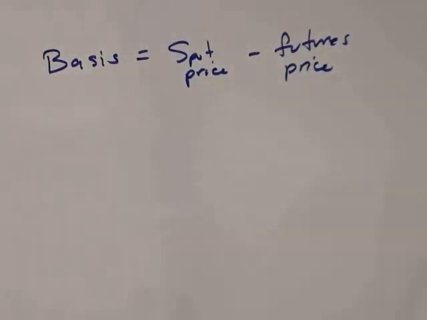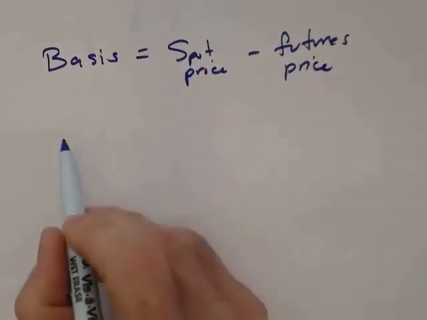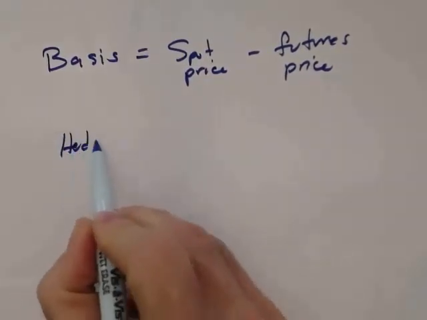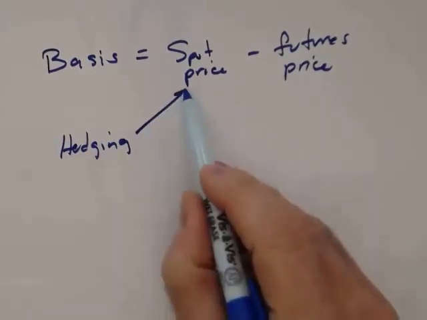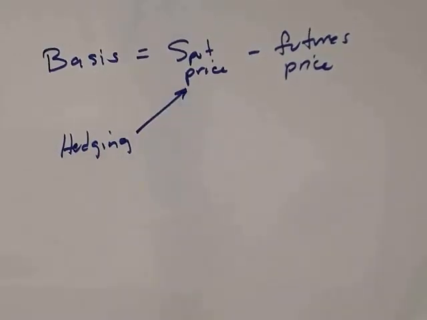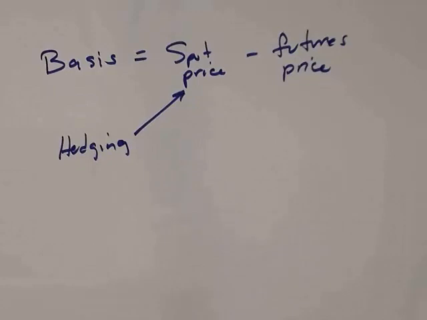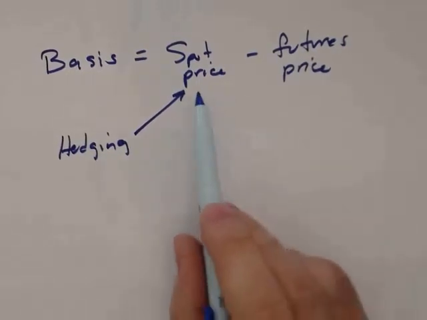Well, it's important to understand because we're talking about hedging. When we hedge, we usually try to hedge the spot price. We try to get rid of spot price risk. What do I mean by spot price risk? For example, the price of gold going up or down dramatically.